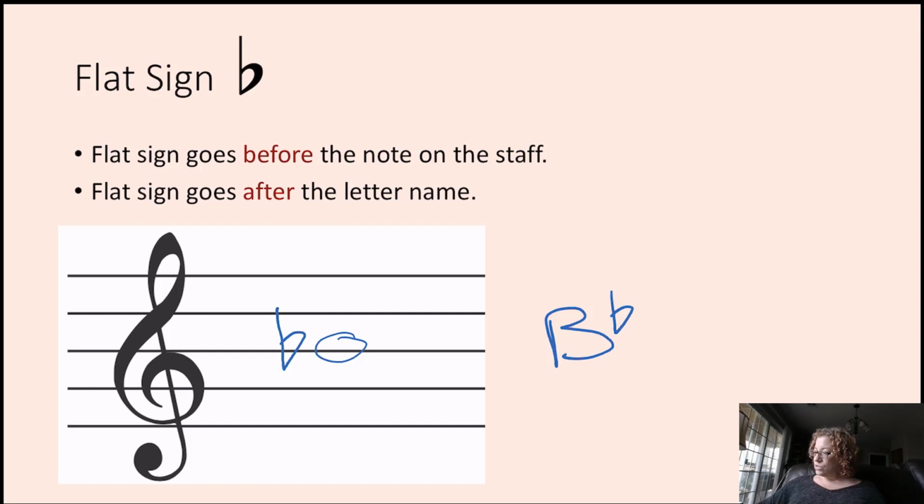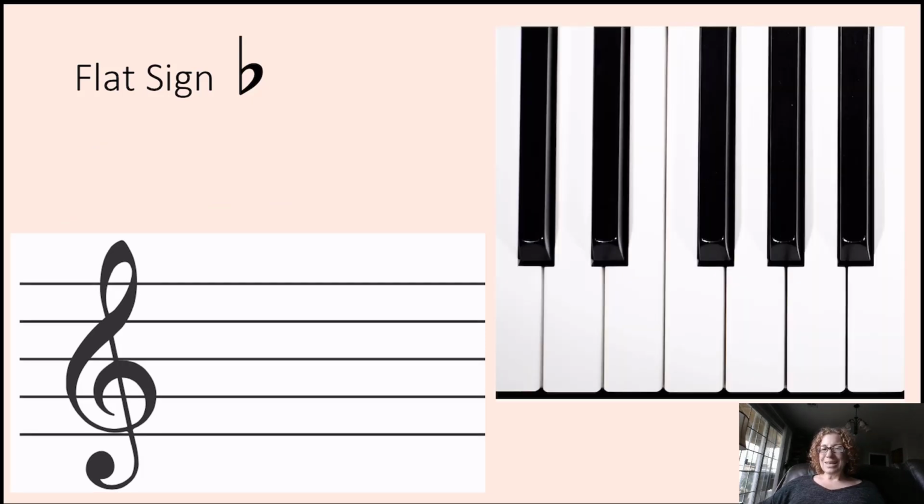Okay. So again, let's look and see where things can throw us off a little bit. Here we have on the keyboard a note that could be called C flat, but it's actually also a B, right?